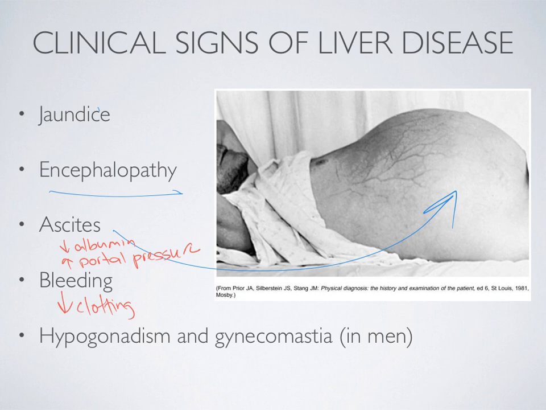And then for all of you men who like to drink, watch out, because one of the most disturbing symptoms to many people is you get gynecomastia and hypogonadism. So in men, their testes shrink and they get breasts.